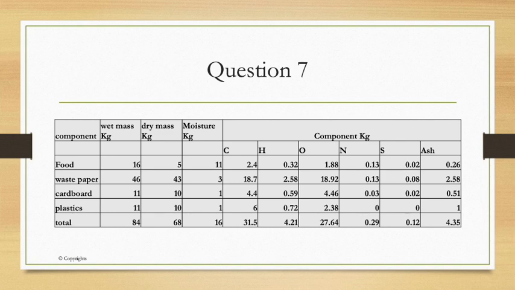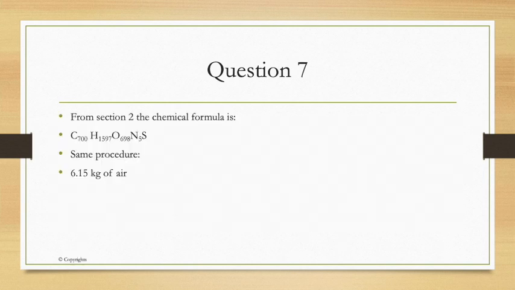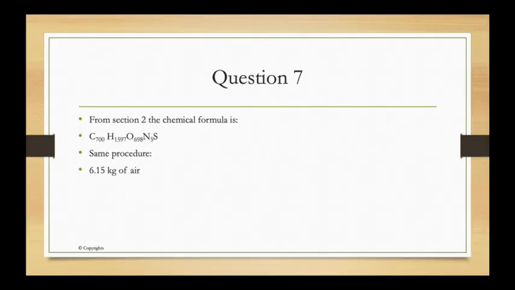What you need to know is that all of these sections are interconnected. So you're going to use sections 2 and 3 so you can compute the chemical composition of this waste. Then you're going to use the steps in this section to calculate the amount of air needed for this type of waste.